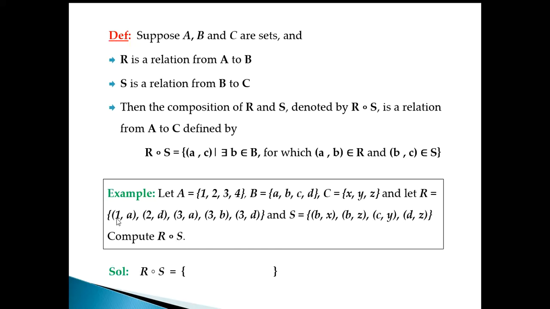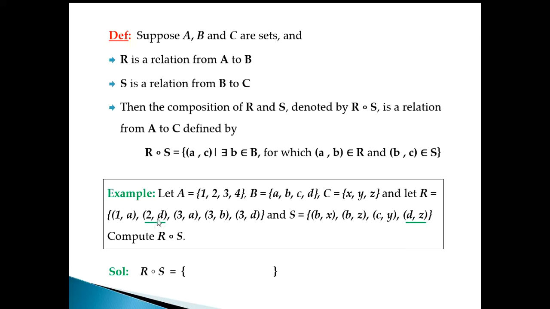First come to the first ordered pair of R, that is (1,a). 1 is related to a, but a is not related to any element in S, so we have to leave this. Now come to the second ordered pair, (2,d). 2 is related to d. Now see, d is related to which element? We see that d is related to z here.